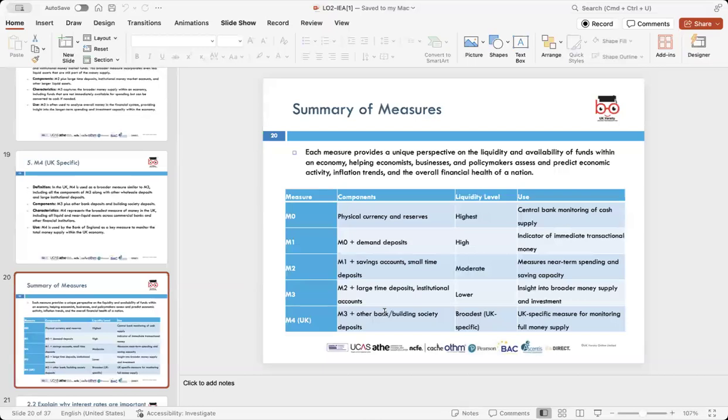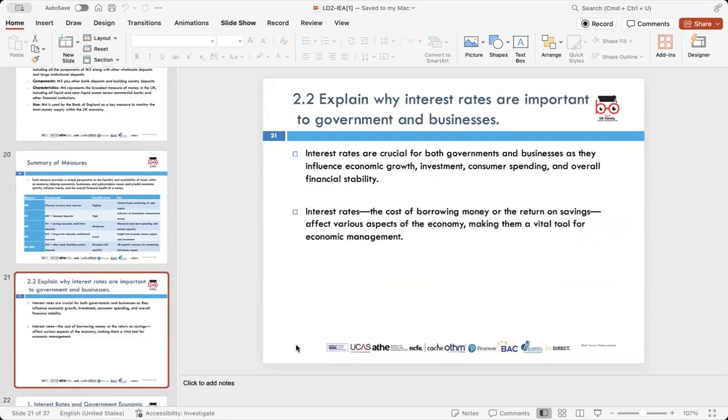So use: insight into broader money supply and investment. And finally, M4: M3 plus other bank and building society deposits. Liquidity level is broadest, UK specific. So use is again a UK specific measure for monitoring the full money supply.